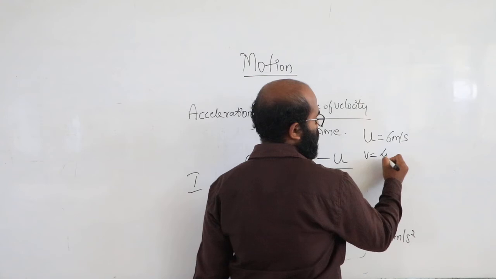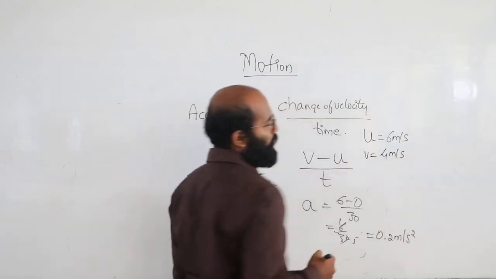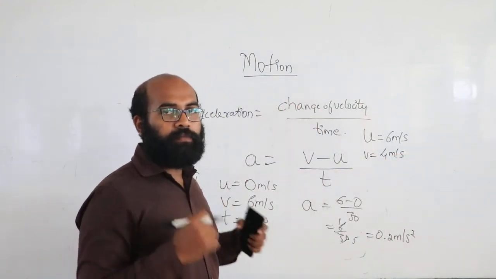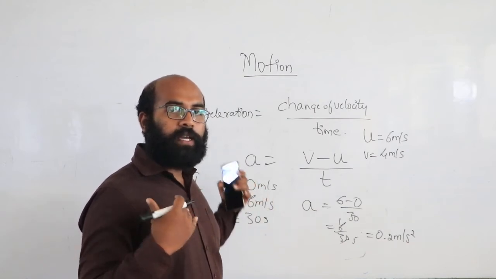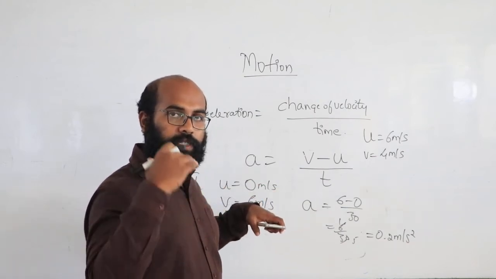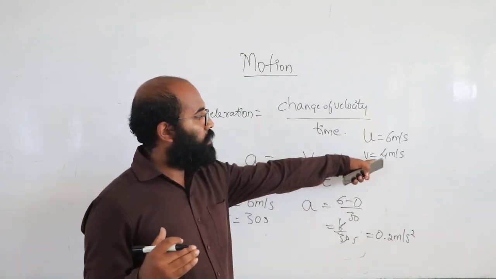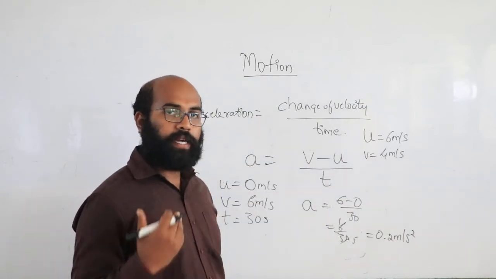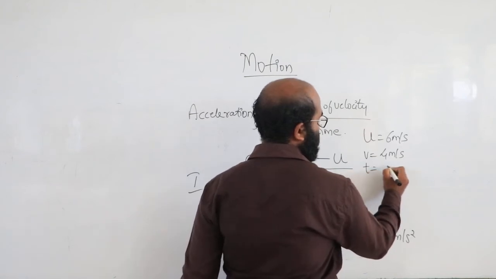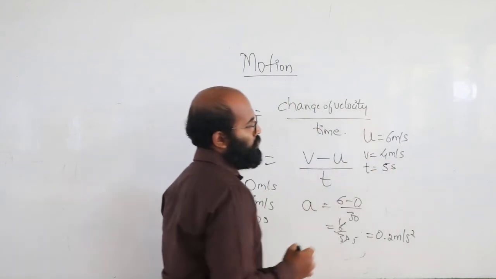So the final velocity is 4 meter per second, because I am traveling with 6 meter per second now, so that will be my initial velocity. In the second case, when I apply the brake, the velocity decreases, so it becomes 4 meter per second. So the time that he takes is 5 seconds.